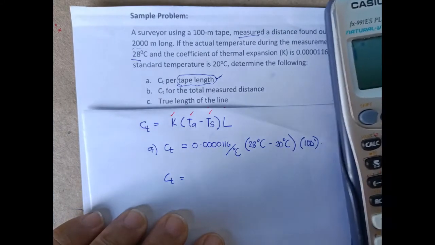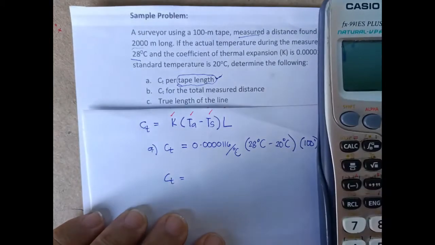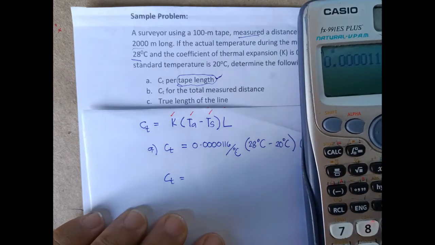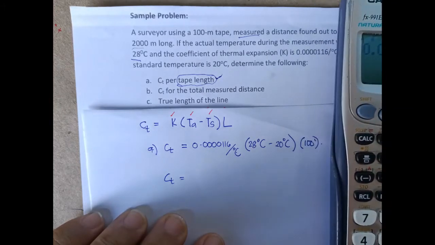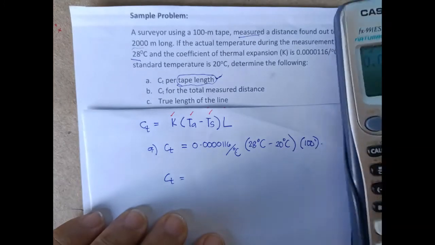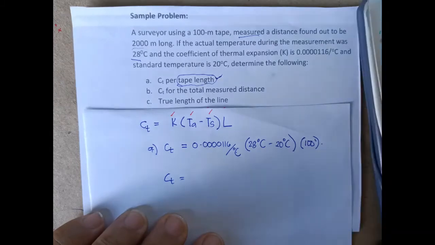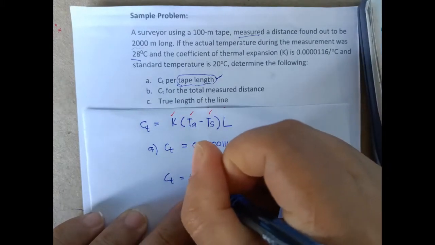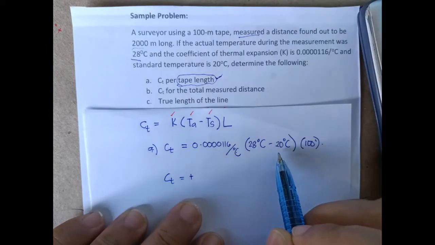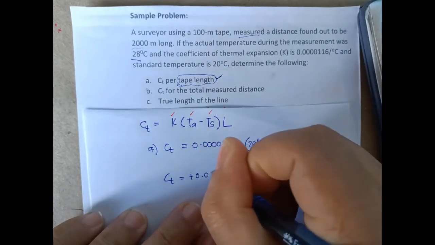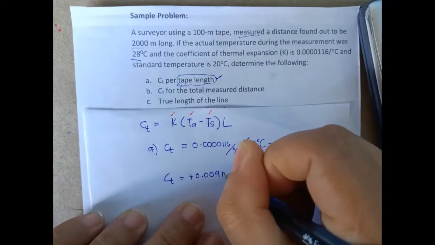I will no longer show you, but I will just use the calculator. 0.0000116 times 28 minus 20, then times 100. It gives us a positive value, because 28 minus 20 is positive: 0.009 meters.